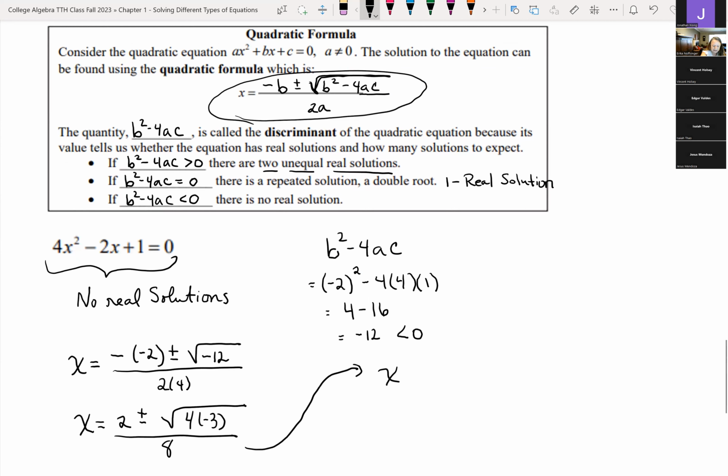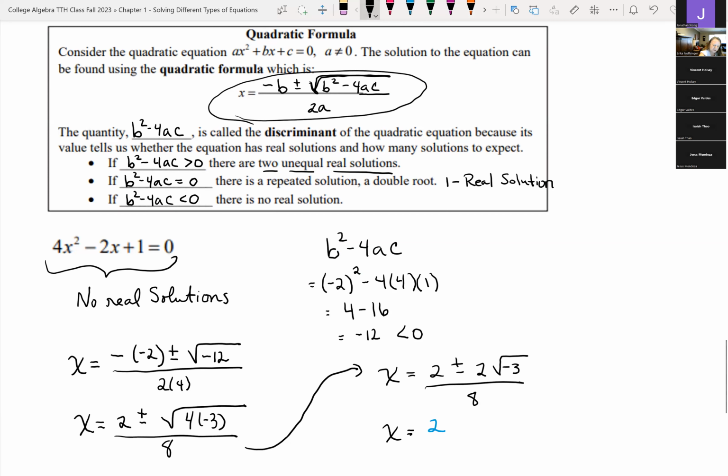So I have x is equal to 2 plus or minus, I can break down the square root of a product as the square root of the first, the square root of 4 is 2, times the square root of the second, the square root of -3, all over 8. Notice in the numerator, I have 2 plus or minus 2 square root of -3, so I can factor out a 2 there.